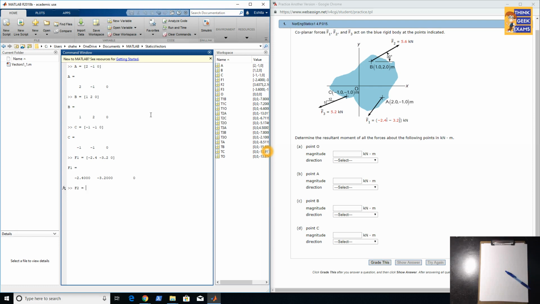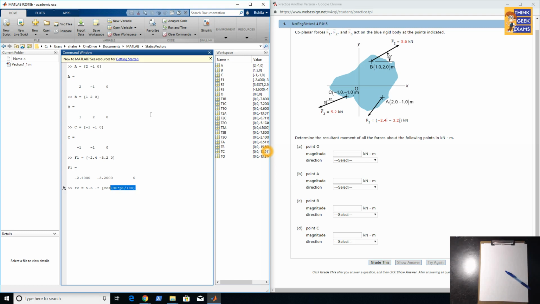F2 is slightly trickier. Its magnitude is given, so I'm going to do a scalar multiply of the vector, and the x-axis is cosine of 30 degrees, and I need to convert that degree into radians.